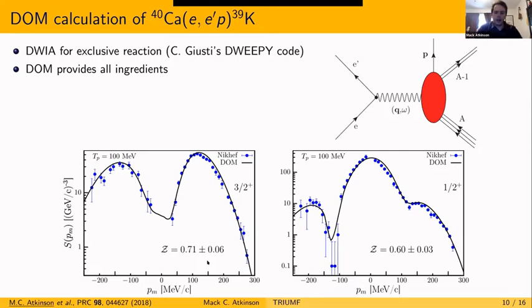It is not found by scaling to the data as is done in the past. So this comes basically from a derivative of the self energy at the corresponding quasi-particle energy. So just to reiterate, all of this comes directly out from the DOM without any scaling or fitting needed of these E'-P data.